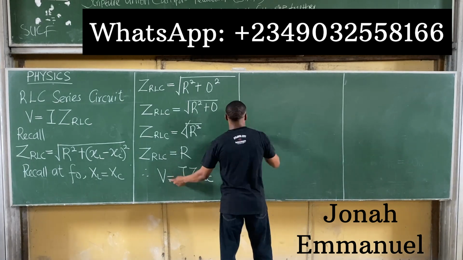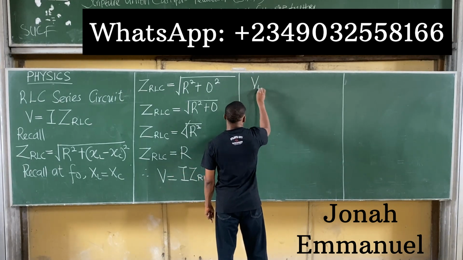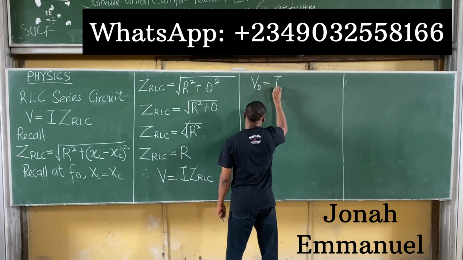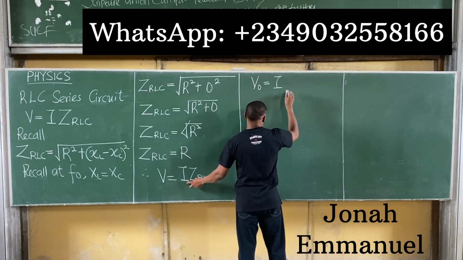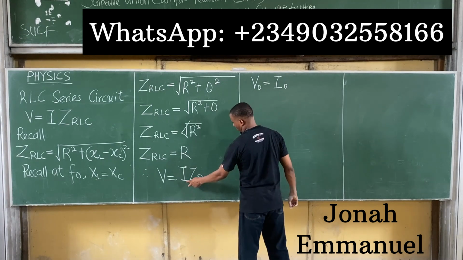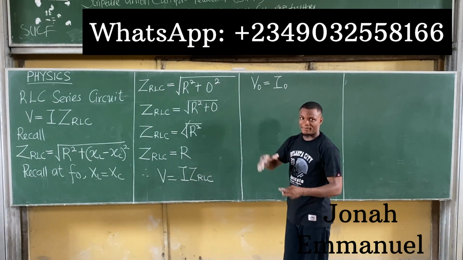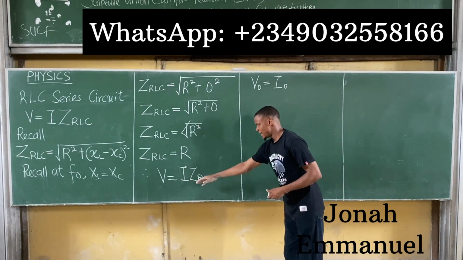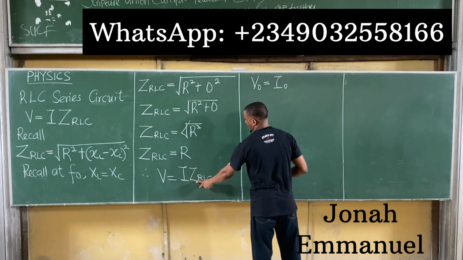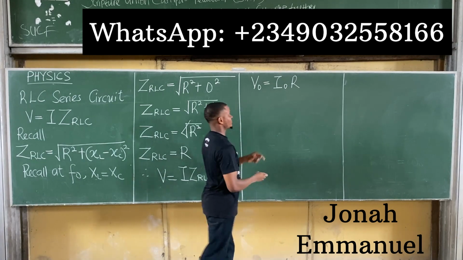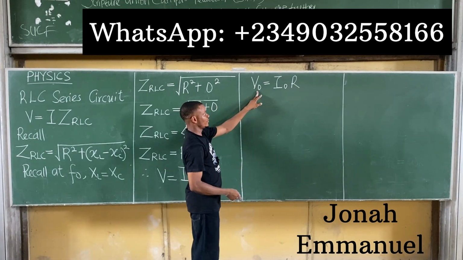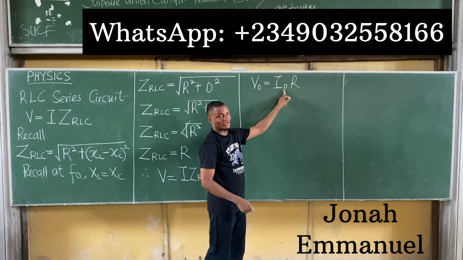So it means that V will no longer be V, but V naught is equal to I. Since it's at resonance frequency, we said maximum current. It occurs at the point where maximum current is reached. So it becomes I naught, and then ZRLC becomes R.